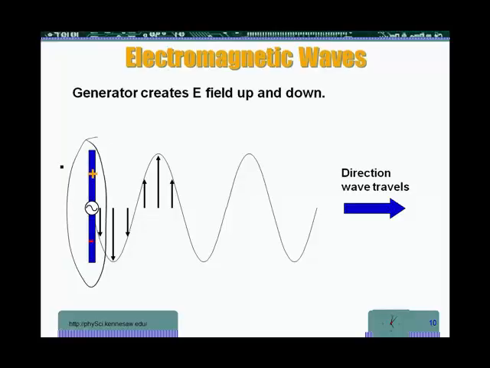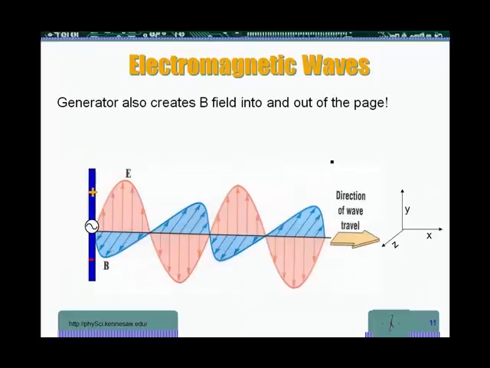And as the charges accelerate up and down that conductor, they are going to generate an electrical field in the up-down direction. And that electrical field disturbance is what's going to travel, resulting in what we call the electromagnetic wave.